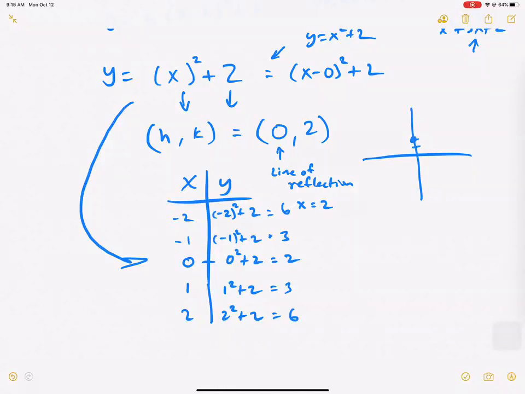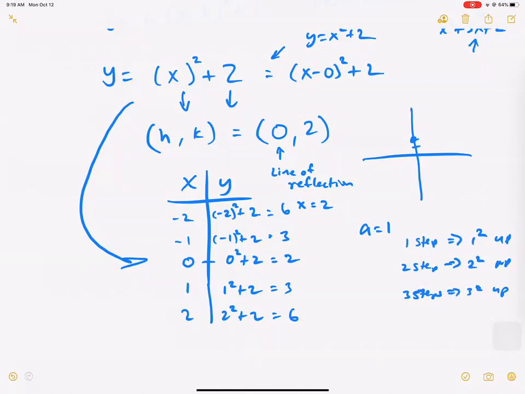Now, I want to show you the pattern for these basic parabolas with an a value equal to 1. With a equal to 1, here's the idea of the steps. 1 step means 1 squared. 2 steps mean 2 squared. 3 steps means 3 squared, so it's 9 steps up.